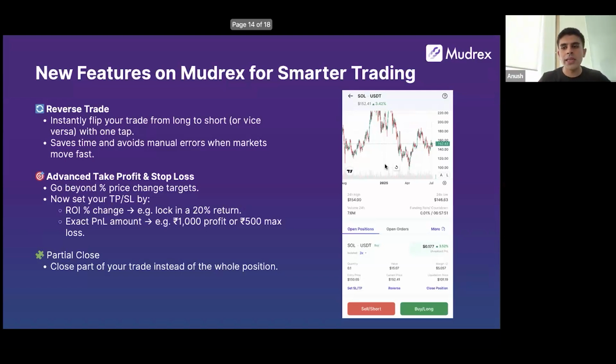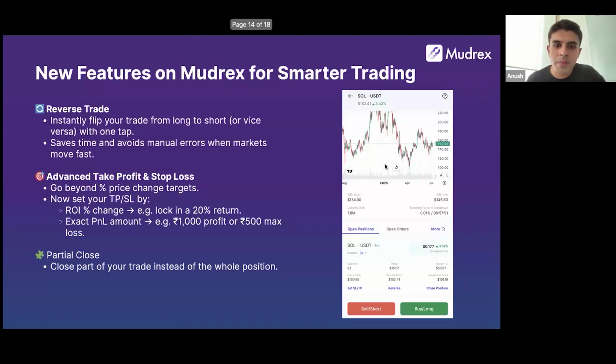For example, if you're holding 0.5 Solana in a futures trade, your only option was to keep the whole trade running or exit the full 0.5 Sol, right? But honestly, trading isn't that black and white, right? There are plenty of scenarios where you might want to just lock in a portion of those profits, but leave the rest of the trade running in case the market keeps moving in your favor, right?